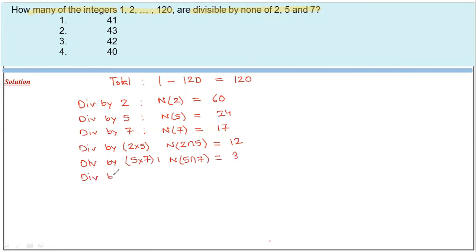Next, divisible by 2 and 7, eight numbers. And finally, divisible by all three of them, would be one such number.